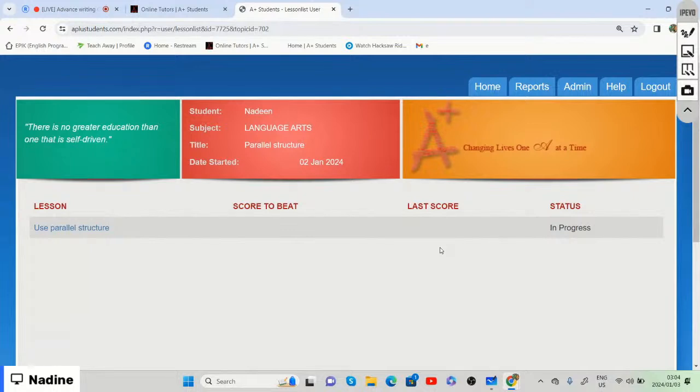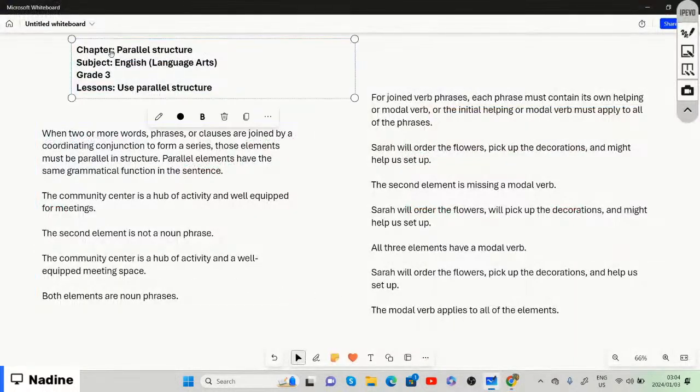So our subject is parallel structure. Our chapter is parallel structure.